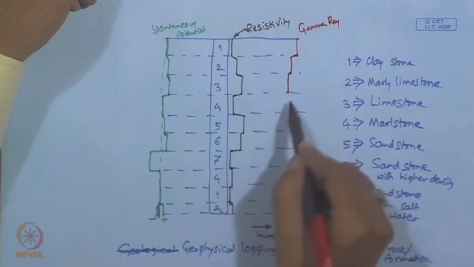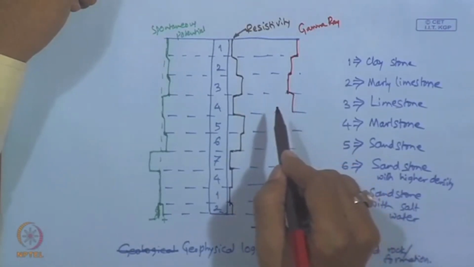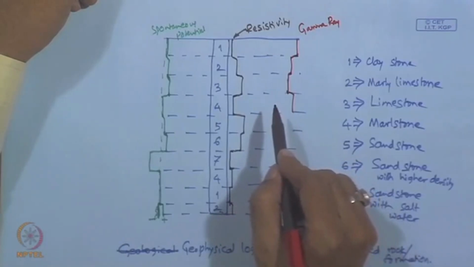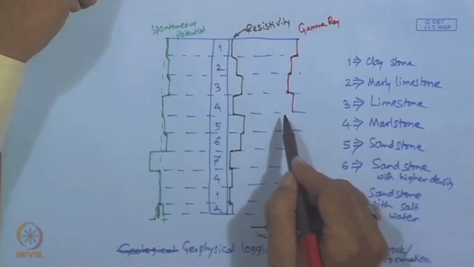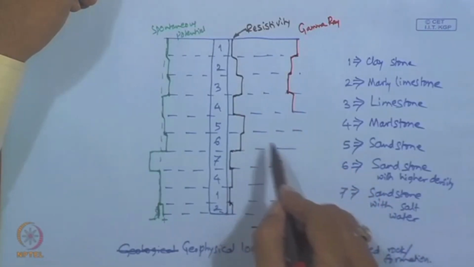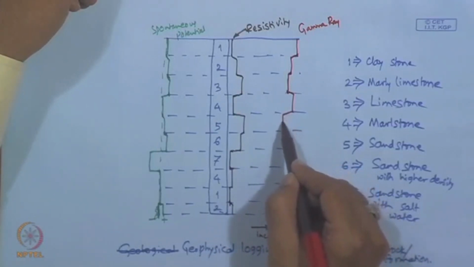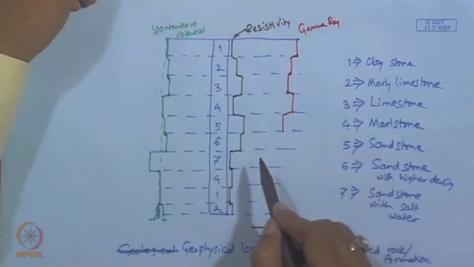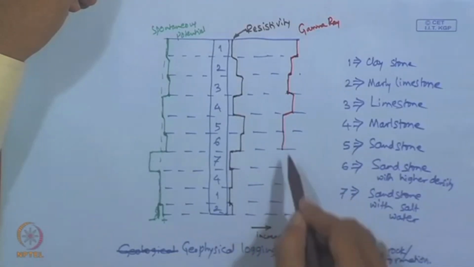Then the marlstone is slightly more. The fifth one is sandstone, so it is less. Then the sixth one is also less.